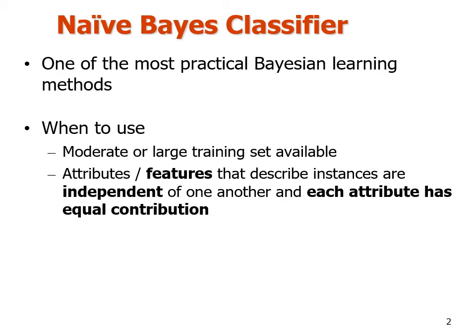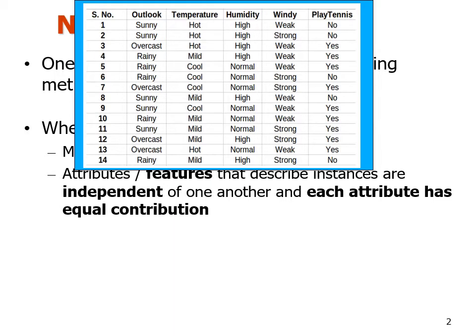To clarify these two conditions, let us see one example. Once again, we are referring to the example that we have seen earlier while discussing decision trees. This example consists of 4 attributes or 4 independent variables: outlook, temperature, humidity and windy, and the dependent variable is play tennis.